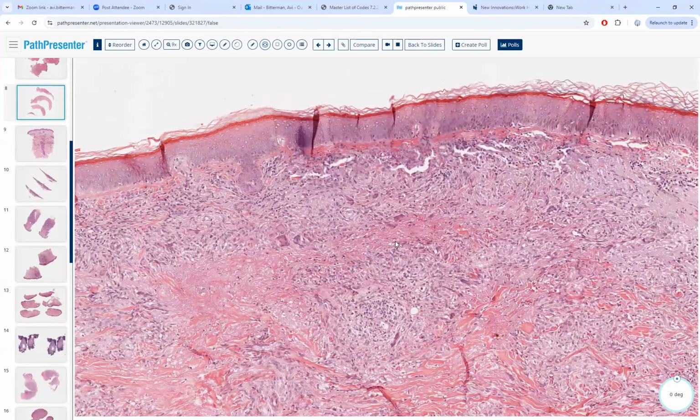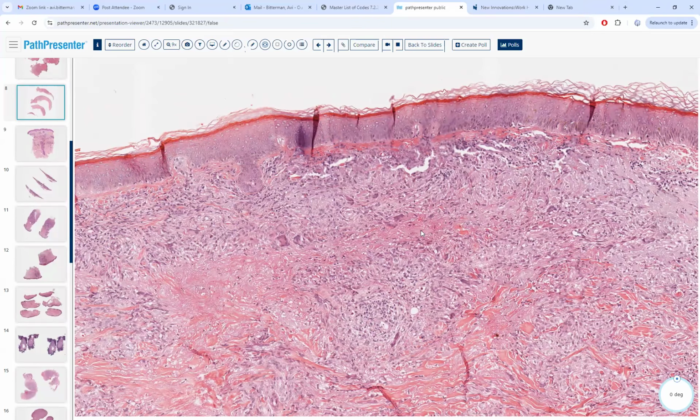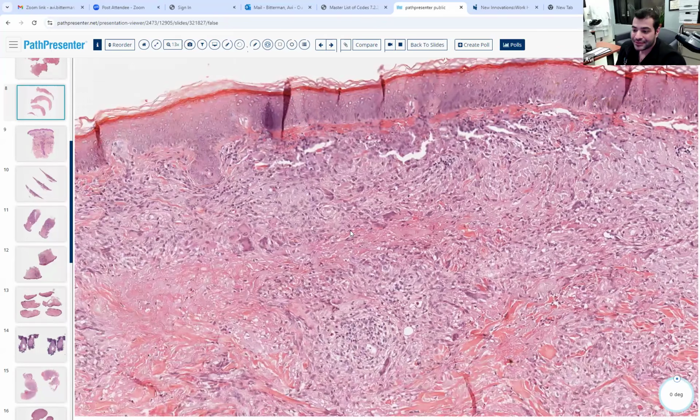It is palisading. And it's palisading around these areas that are devoid of solar elastosis relative to the background. And why is that? Because they're eating it. If I were to throw a colloidal iron on this, the textbook answer and the answer for your boards, what would that be? No mucin. No mucin. That is the answer for your boards. Good.